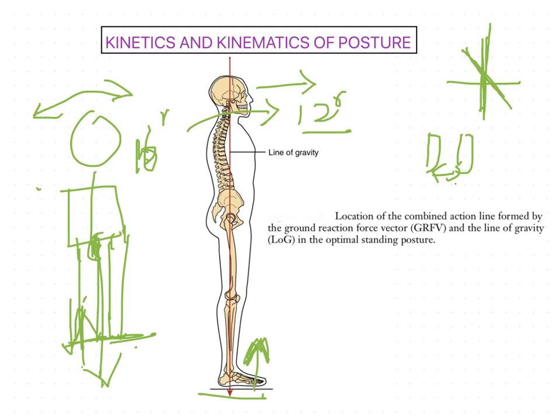All these are perpendicular to each other. One of the two horizontal forces is in the medial to lateral direction, so for any movement medial to lateral we consider the x-axis.